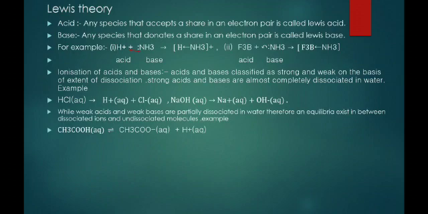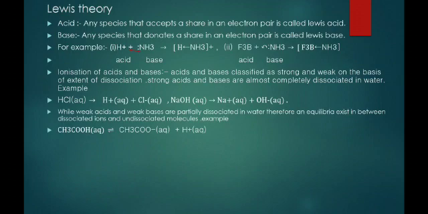Acetic acid in aqueous solution dissociates partially into CH3COO minus and H plus ions. That's why an equilibrium exists between the CH3COO minus ion and H plus ion and the CH3COOH molecule. It means dissociated ions and undissociated molecules exist in equilibrium, which is called what?